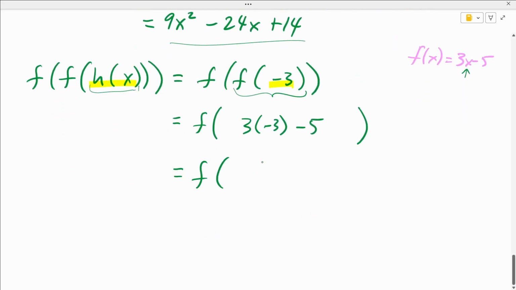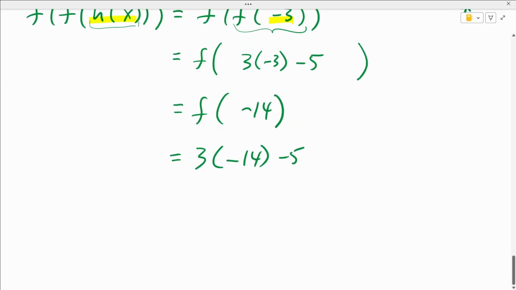That gives me f of, this is negative 9 minus 5, that's negative 14. And then f of negative 14, well, that means that now negative 14 is our input there. So this is going to be 3 times negative 14 minus 5, which is going to be what? 14 times 3, we've got a 12, we've got a 42, negative 42 minus 5 is going to be negative 47. So f of h is negative 47.